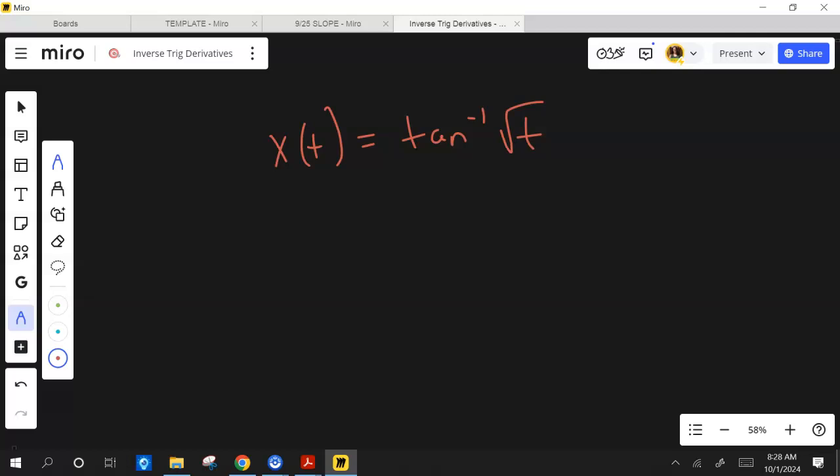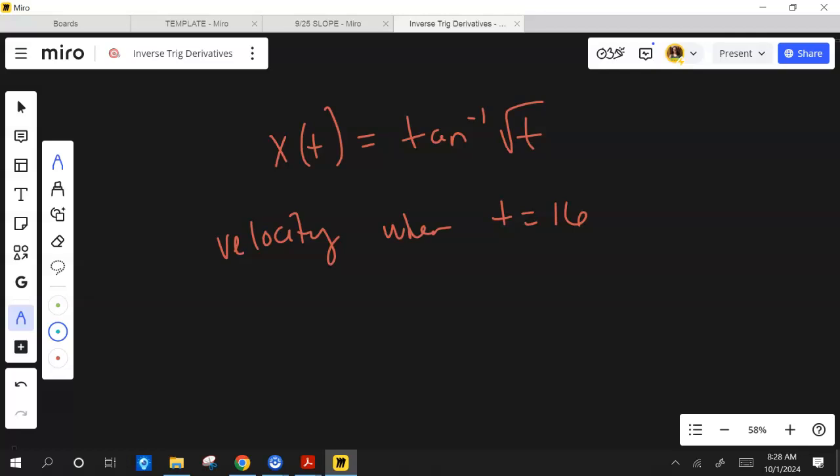What is the velocity when t equals... okay, let's do the derivative first, right? Not this is inverse tan though.